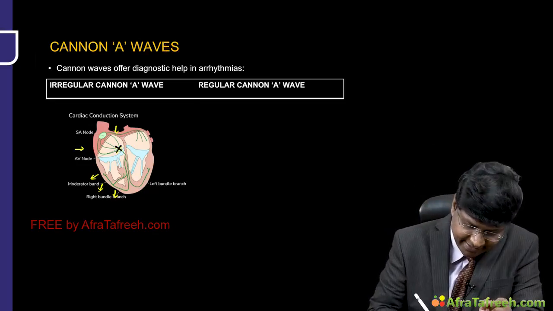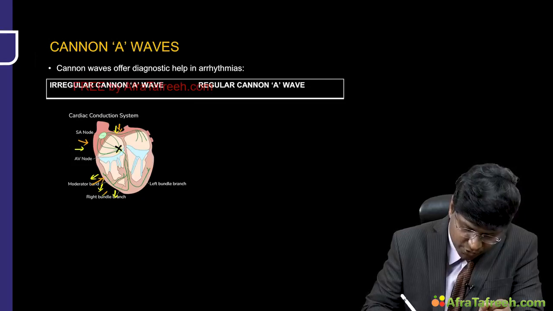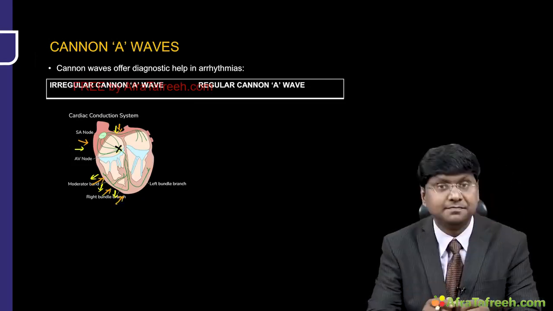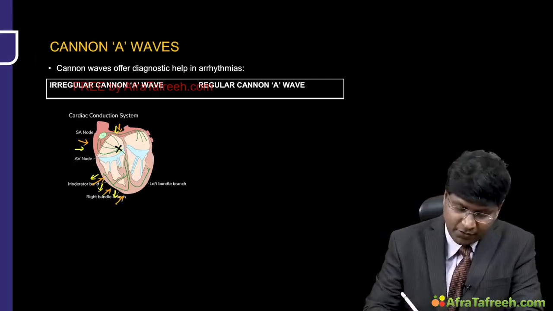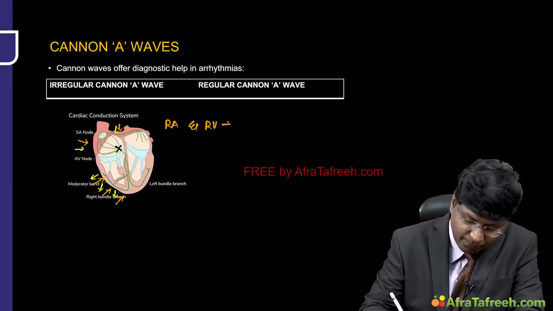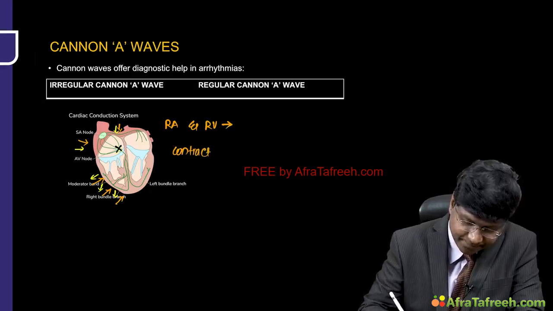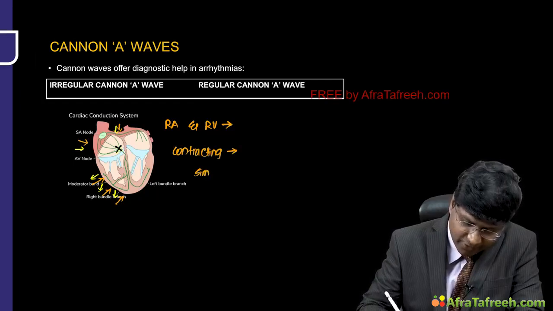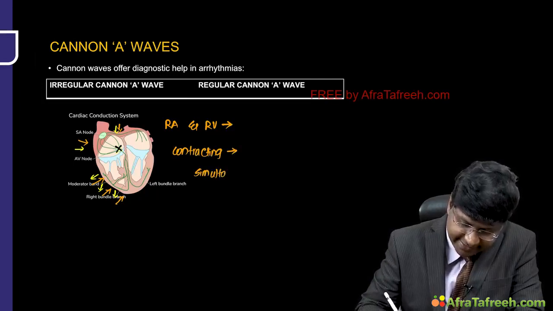The right atria contracts on its own, and the right ventricle also will contract on its own. Now suppose the right atria as well as the right ventricle, both of them are contracting simultaneously.